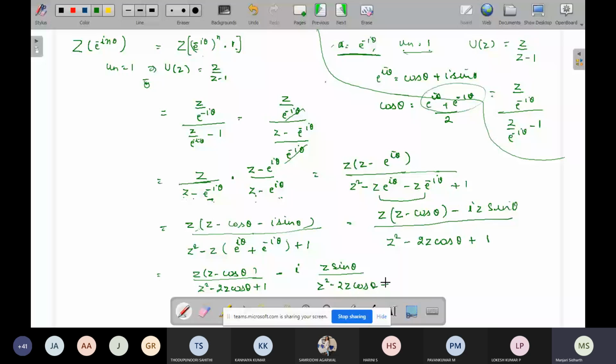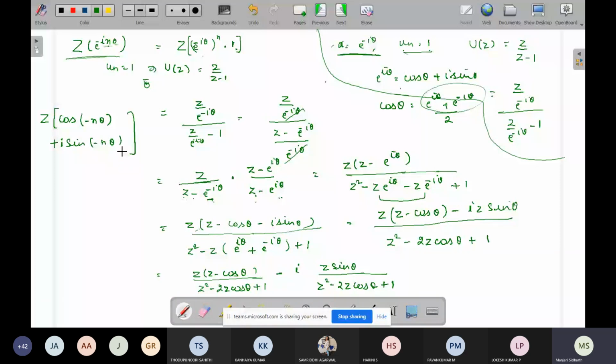Now I want to rewrite this LHS: cos n theta and n theta. That means minus n theta. See, I am using the e power i theta formula. So cos of minus n theta plus i sin of minus n theta.